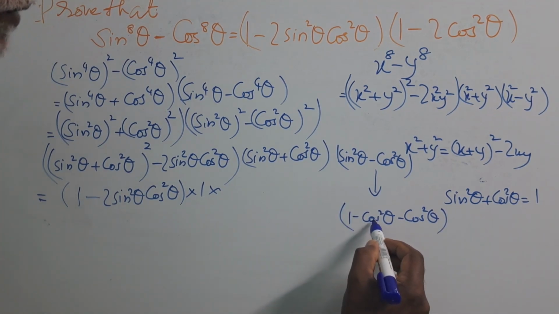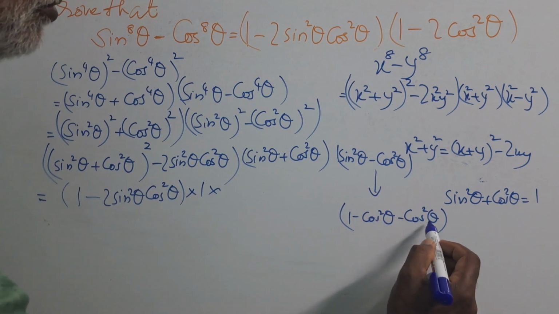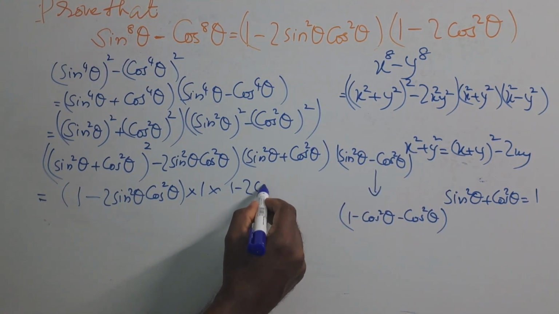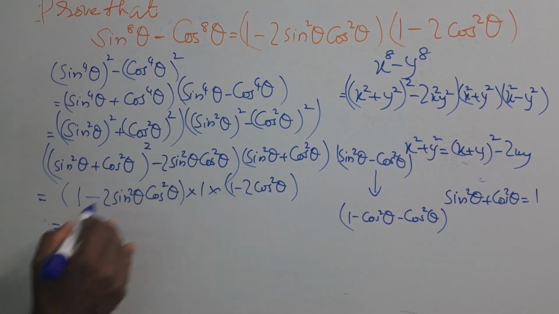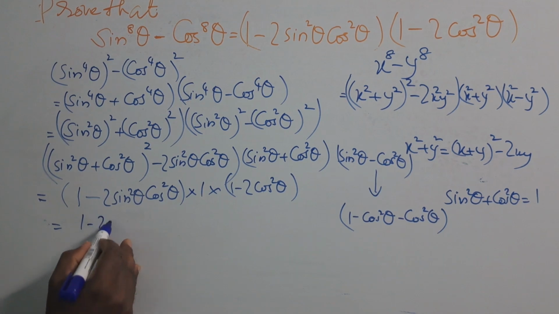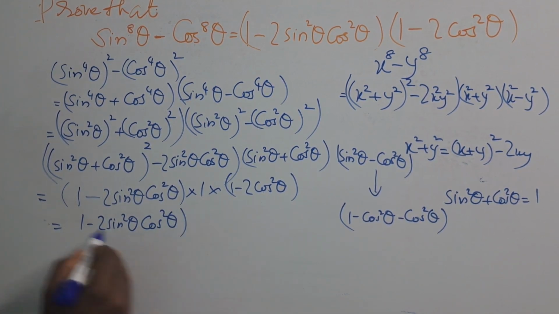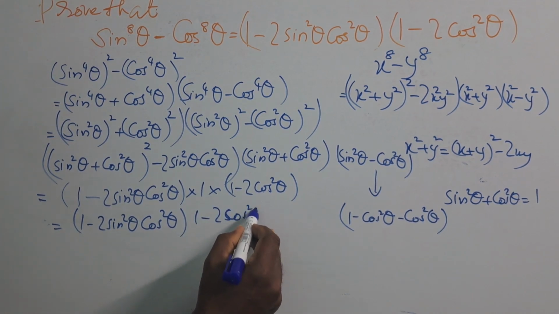That is 1 minus cos square theta minus cos square theta is 1 minus 2 cos square theta. This is the answer that we need. 1 minus 2 sine square theta cos square theta into 1 minus 2 cos square theta.